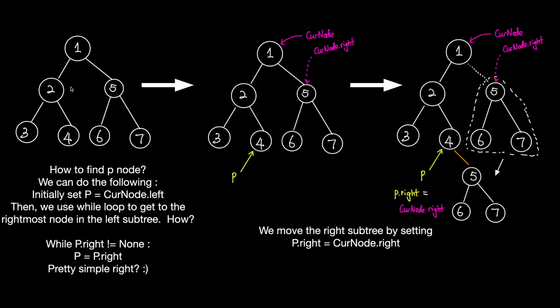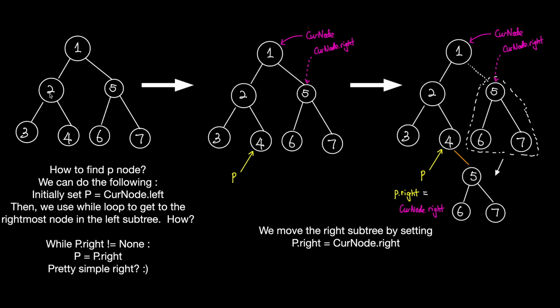Then you would have to use a while loop to go all the way to the rightmost node in the left subtree of 1. So if you had a tree like all the way here, you initially set p equal to current node dot left, then p will point here, and then as long as p dot right is not equal to none, you set p equal to p dot right.